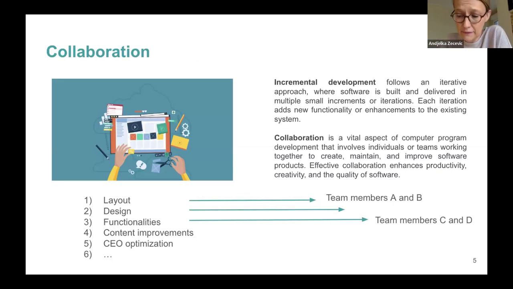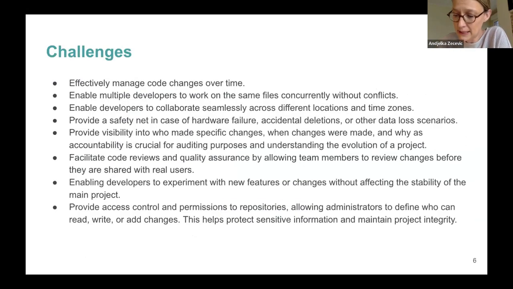And as a result of these collaboration and incremental development ambitions, we have a large number of files and their versions that are constantly updated. So we need to be careful not to override or to lose something.